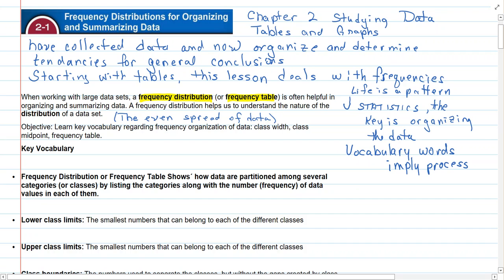All right. So, what's our objective? Well, here we want to know about the vocabulary regarding frequencies because they fall into groupings that have traits and understanding.